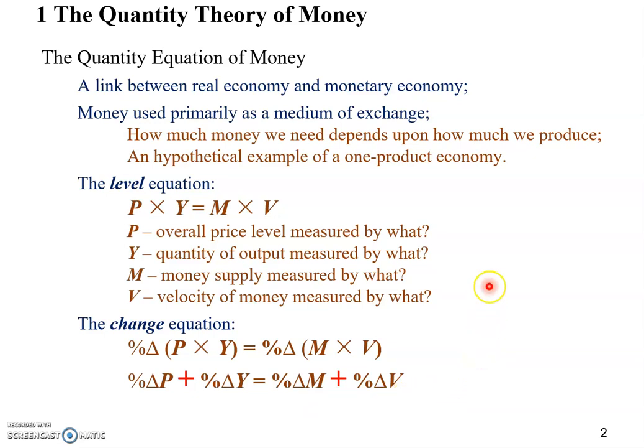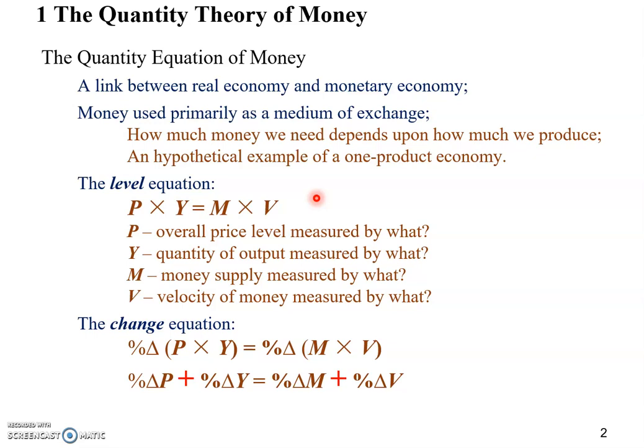All right, now here let me go back and briefly talk about the intuition of the level equation, okay? As we said, the left-hand side is nominal GDP. So if we still use this one-product economy as an example, we said that we produce oranges, right? We don't produce anything else. That's the only product.